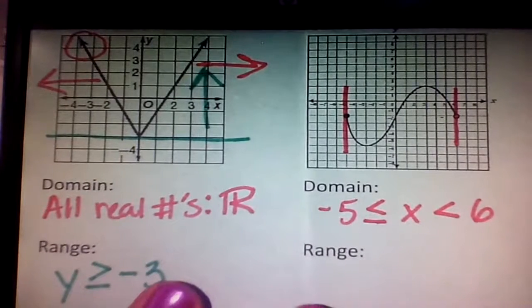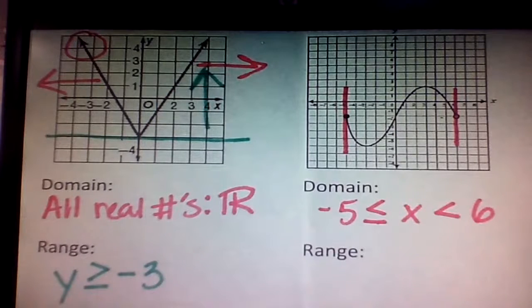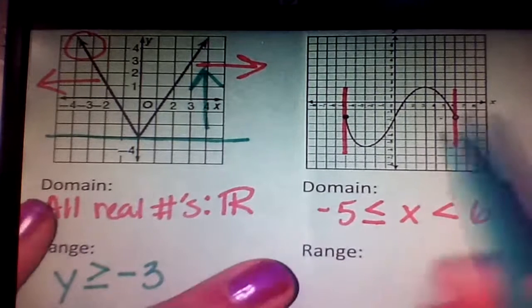Okay. I like this one because the circles show your domain, but they don't show your range. You can't use the circles for your range. How low do I go? -6.